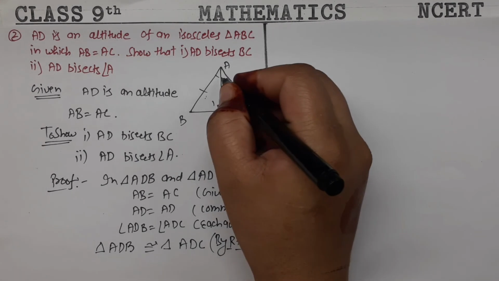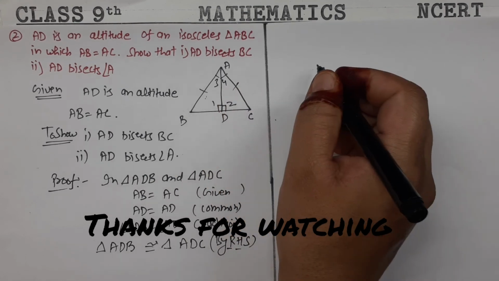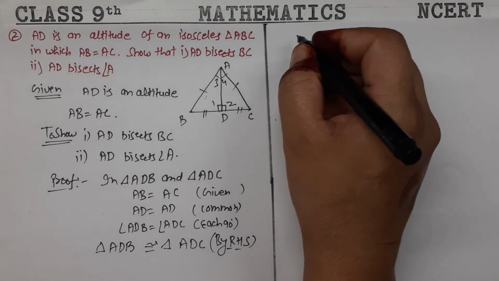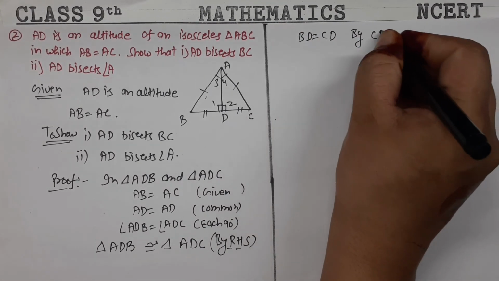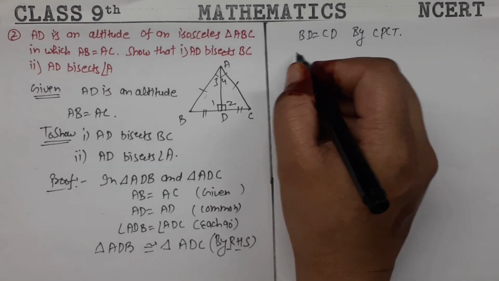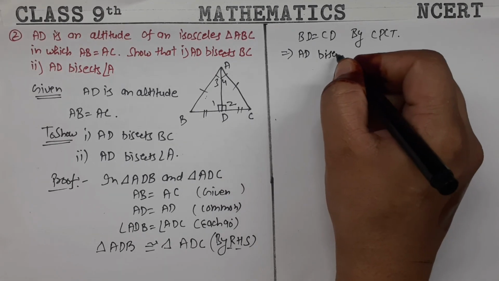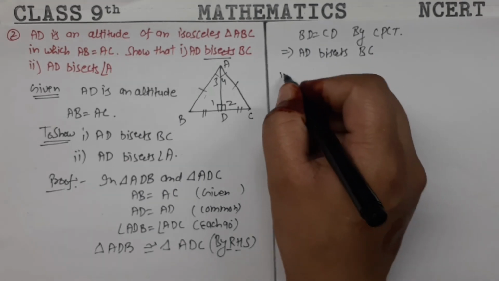So these two angles are equal and BD equals CD by CPCT. So AD bisects BC into two equal parts.